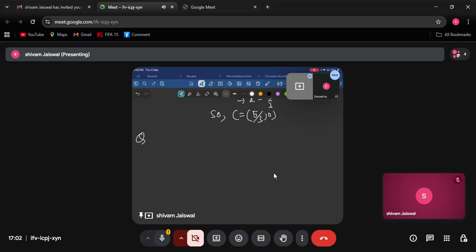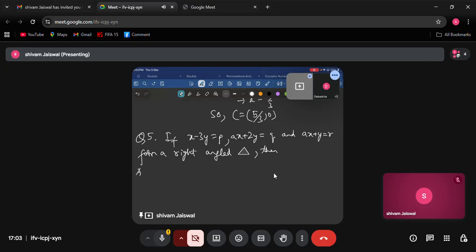Question number 5. If x minus 3y equals P, ax plus 2y equals Q, and ax plus y equals R form a right angled triangle, then option A: a square minus 6a minus 12 equal to 0.